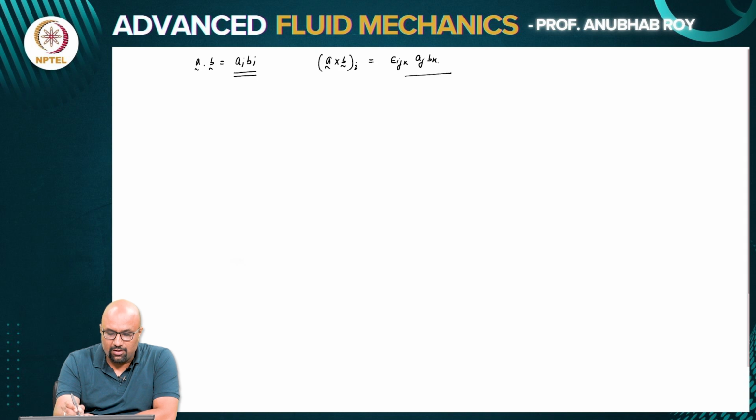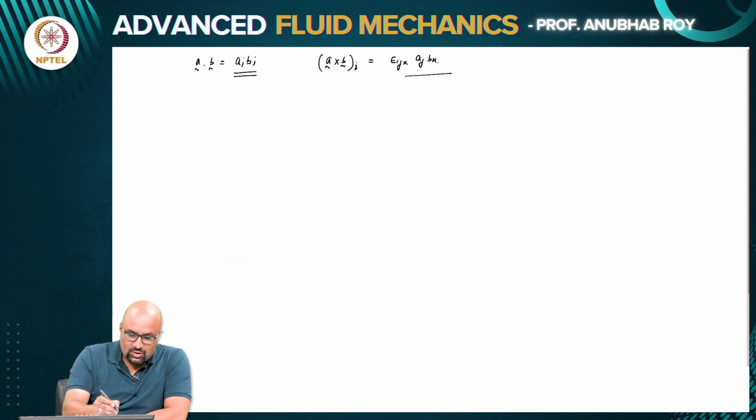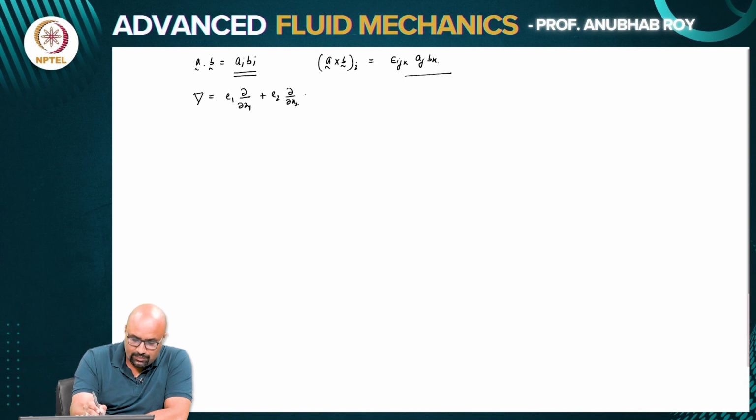So, the ith component of the cross product would actually involve having the permutation symbol in doing this in terms of the individual component. There is one more vector which we are going to frequently encounter when doing calculation, and that particular vector is the del operator, and the del operator in a Cartesian coordinate system you can write in this particular form.